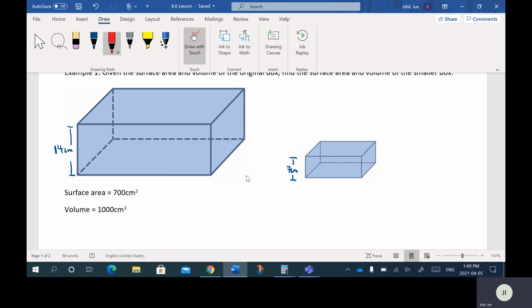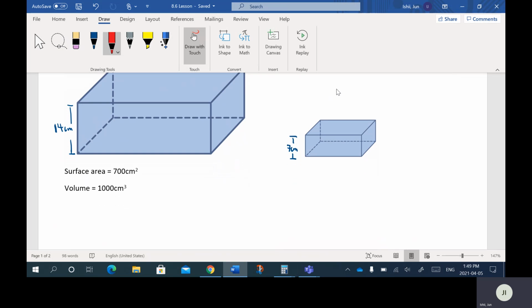So k is the new divided by the old, 7 centimeters divided by 14 centimeters, which is 0.5. That makes sense, because 7 is half of 14. If I took 14 and multiplied it by 0.5, I should get 7. So this is the scale factor.